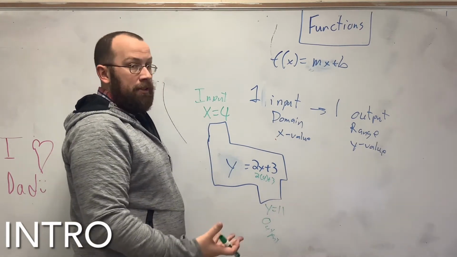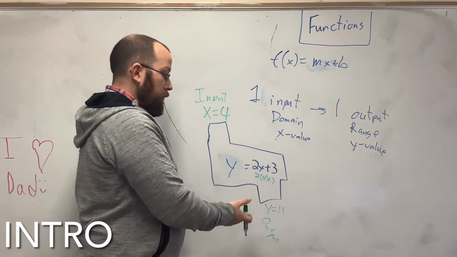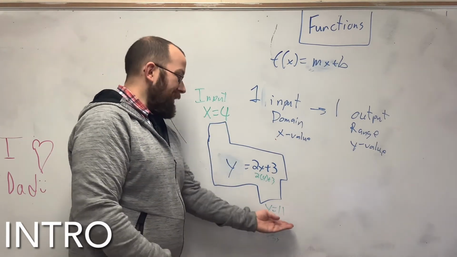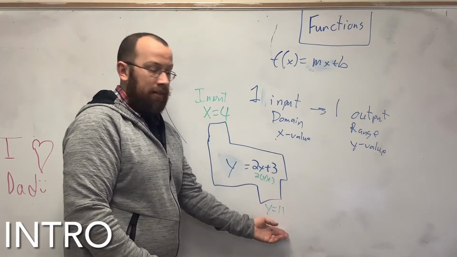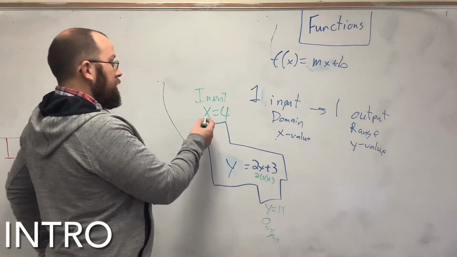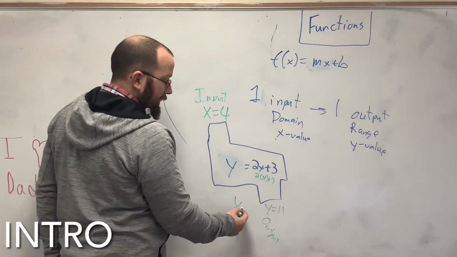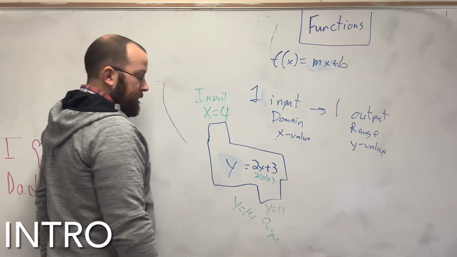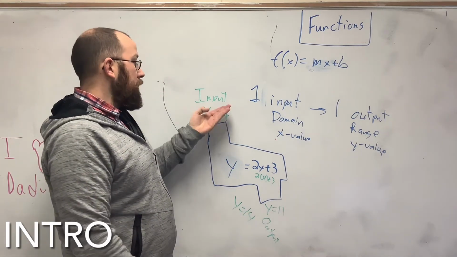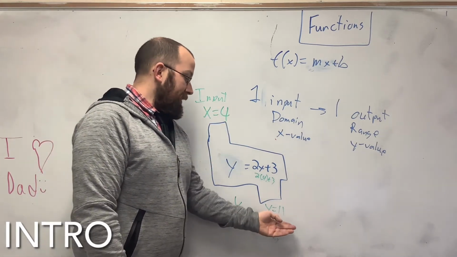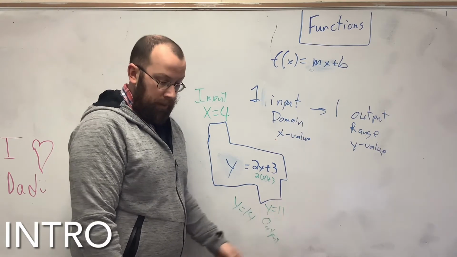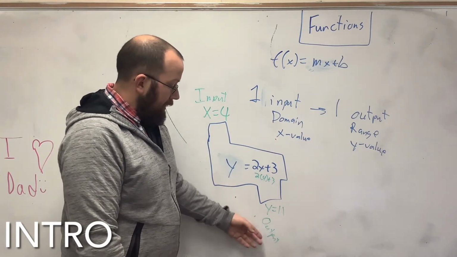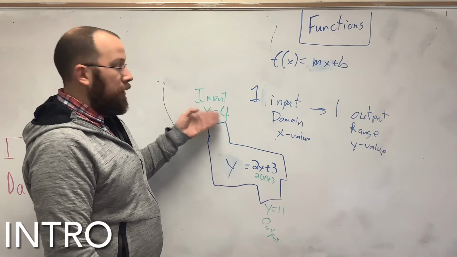The next time I do this and I put 4 in, what am I going to get out? I'm going to get out 11 again. I'm not going to put in 4 one time and get y equals 14. It's never going to happen. So one input has exactly one output, and this output is determined by your input.